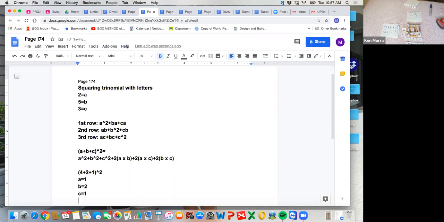And then you would plug in. A squared would be 4 squared, which is 16. Okay, I'm looking right here. Plus B squared is 4 because B is 2. Plus C squared, well, hold on, I did this wrong. This should be 4. So this should be 16.